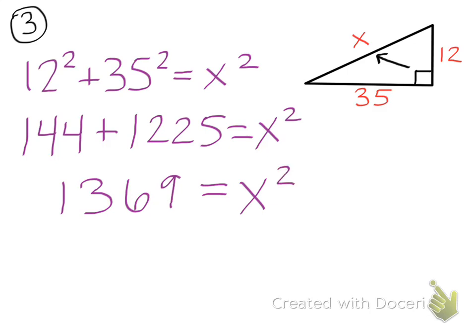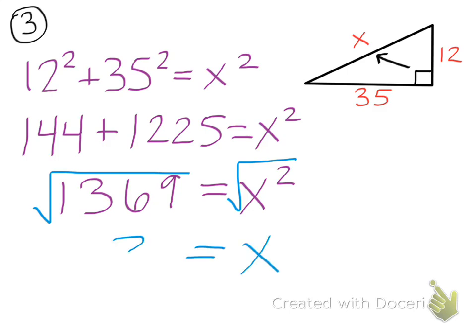And then to get rid of the squared, we're going to take the square root of both sides, and the square root is going to be 37. So x is equal to 37.